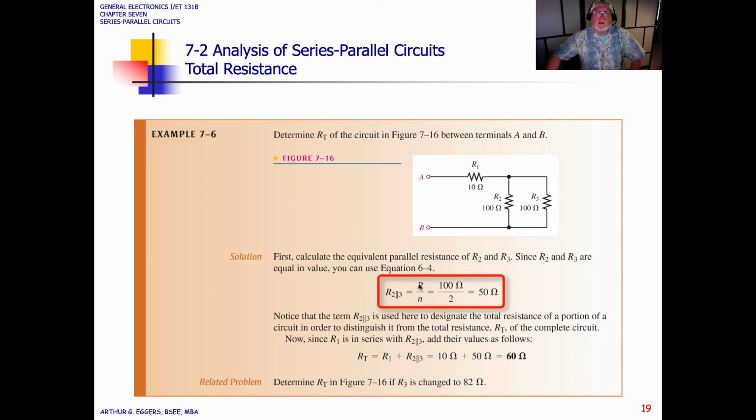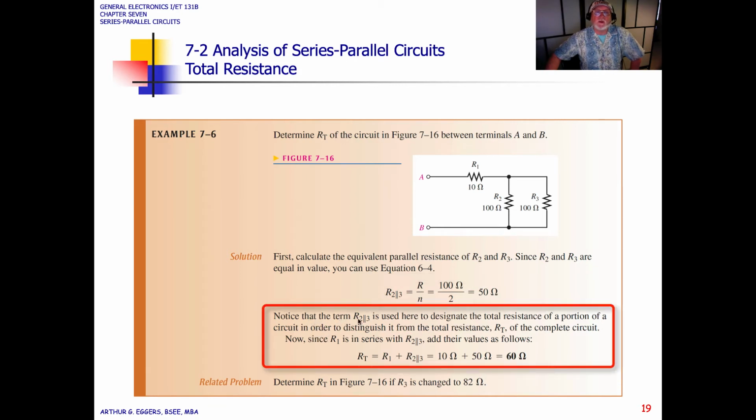So when we calculate the equivalent parallel resistance of R2 and R3, we're going to use the simplified relationship, R over the number of resistors in the circuit. In this case, there's only 2. Smaller than the smallest, we get 100 divided by 2, or 50 ohms. So notice here the term R2 in parallel with R3 is used to designate the total resistance of a portion of the circuit in order to distinguish it from the total resistance, R total, of the complete circuit.